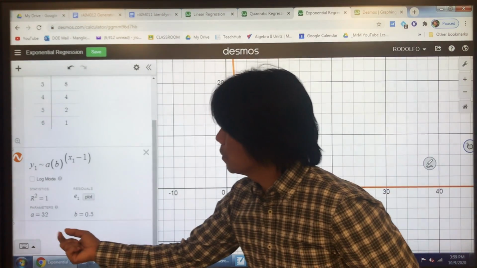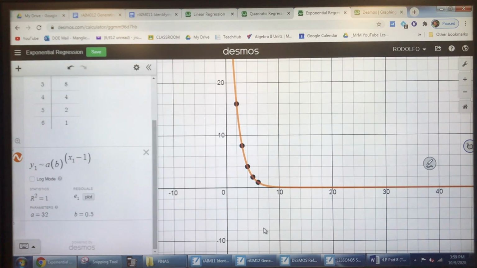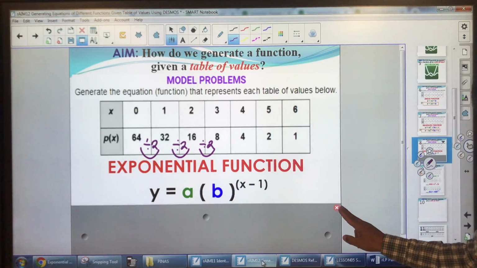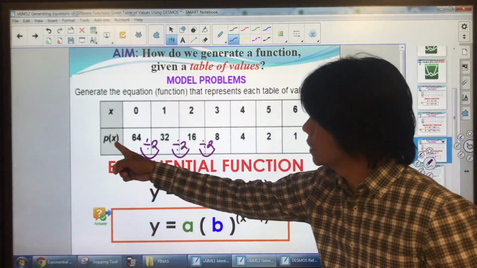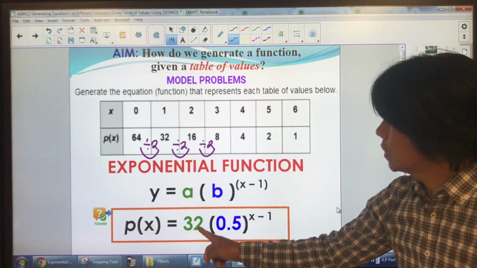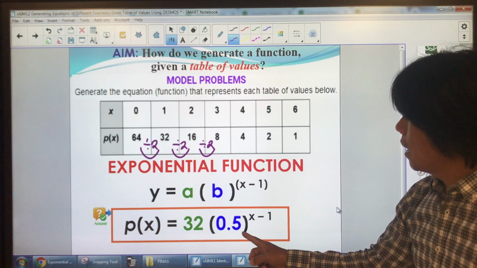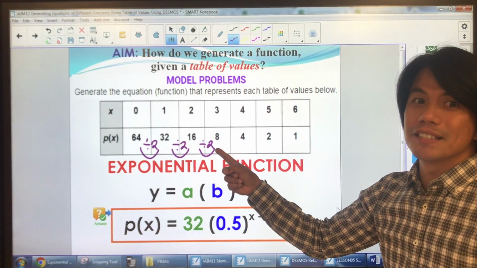Now, what values do we need? A and B. A is 32, B is 0.5. And then let's go to our slide. Now, again, that's P of X. A is 32, B is 0.5, which is also dividing by 2, right?